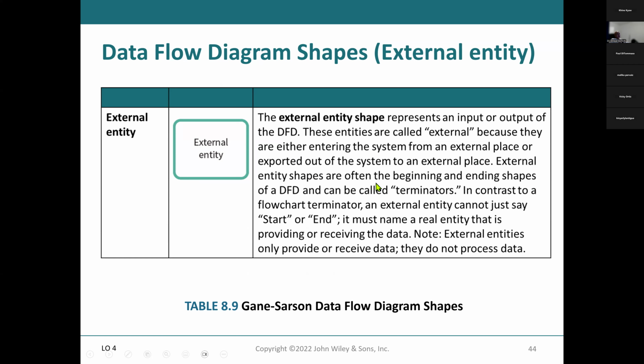External entity shapes are often the beginning and ending shapes of a data flow diagram and can be called terminators. So this is similar to when we had circles, but this is different, obviously. In contrast to a flowchart terminator, an external entity cannot just say start or end. It must be a real activity that is providing or receiving data.